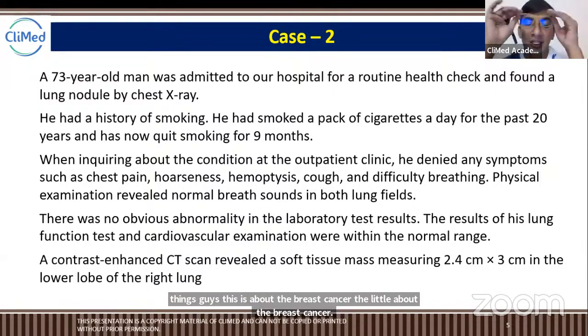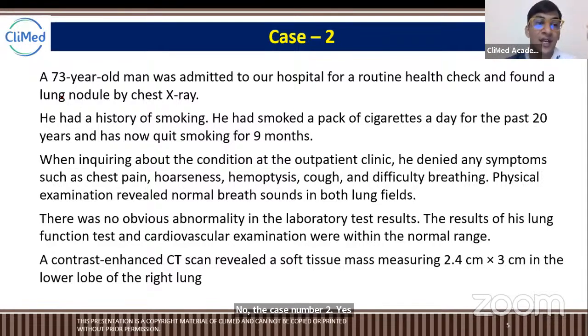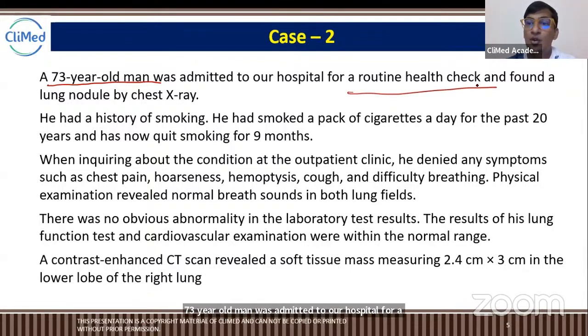Now, case number two. This is a 73-year-old man. The 73-year-old man was admitted to our hospital for a routine health check and a lung nodule was found by chest x-ray.